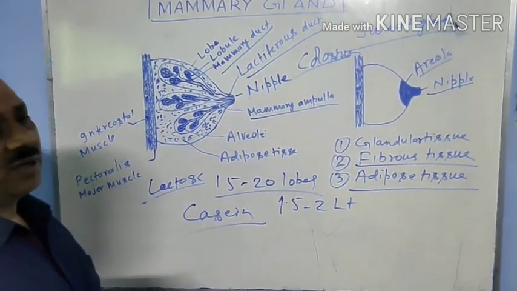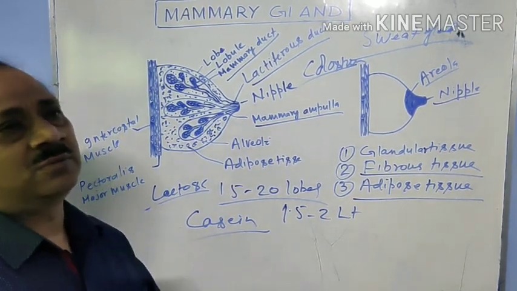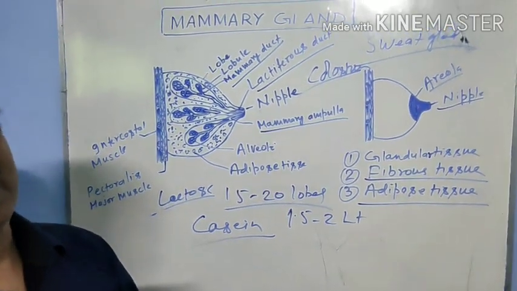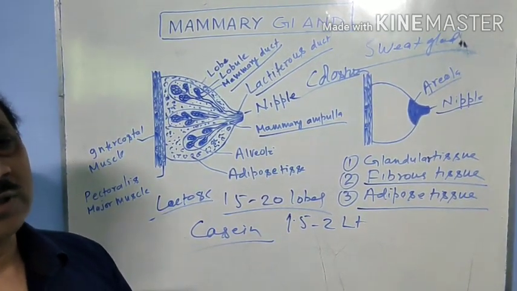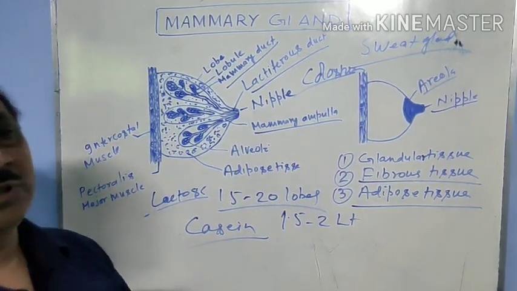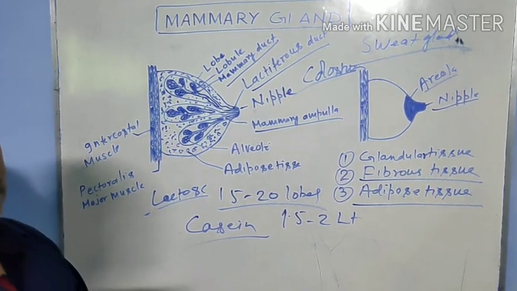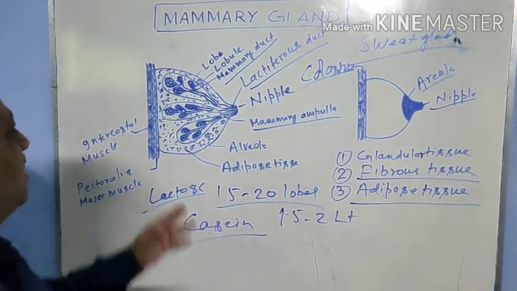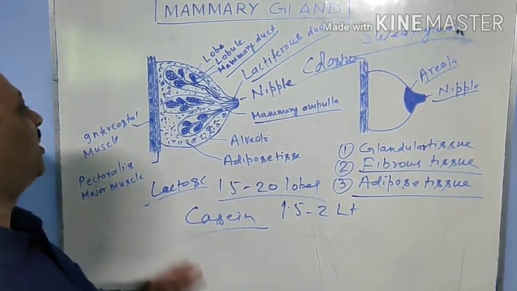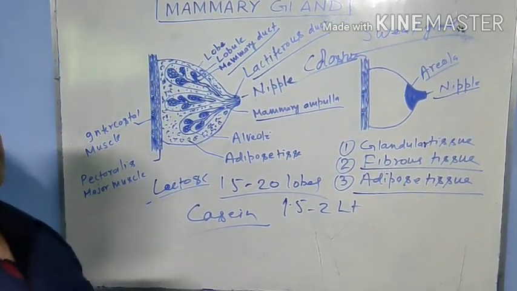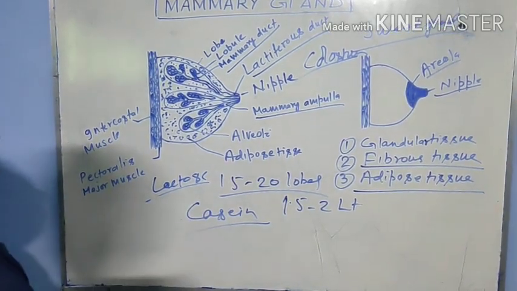Mammary gland is undeveloped in female until puberty. It means before puberty, before maturity, it is undeveloped, and after puberty, after 13 years, it begins to develop. It becomes large under the influence of some hormones like estrogen.